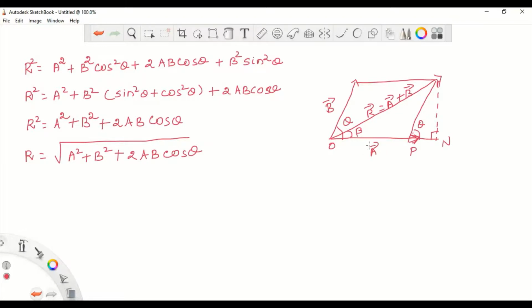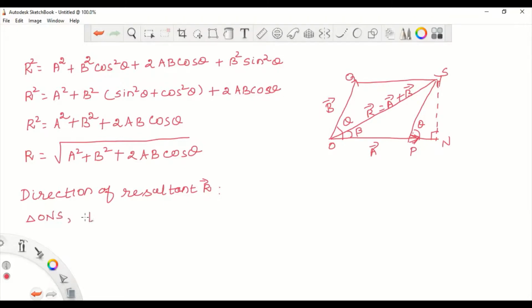So again from this right angle triangle, so what is this? This is our S, right? Yes. So OP, OQ and S. So from the right angle triangle, again triangle ONS. Okay. So in order to find the direction of resultant R vector, again we are considering the triangle ONS.